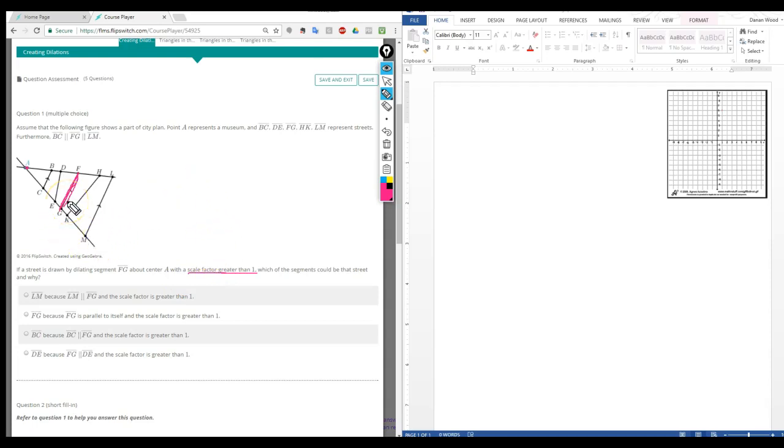So, which segments could it be? Let's look at these options. LM, because LM is parallel to FG, and the scale factor is greater than 1. That is correct when you have an enlargement.